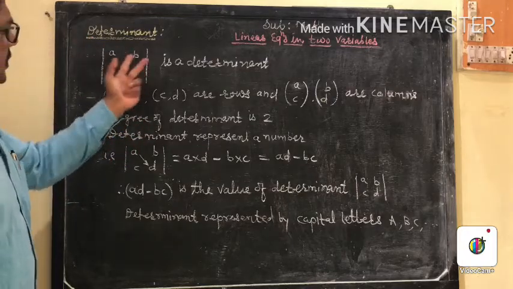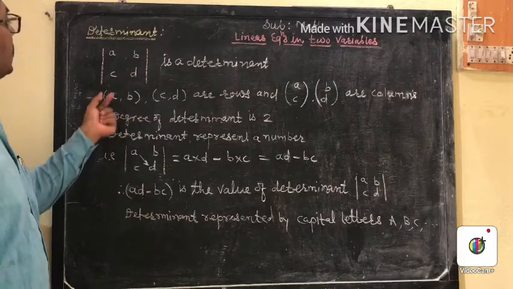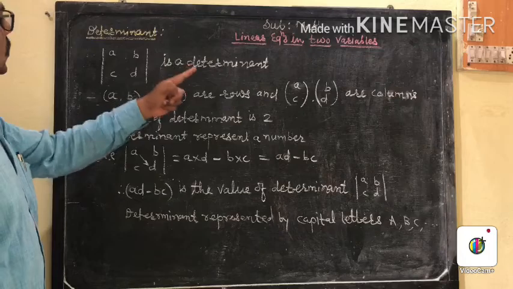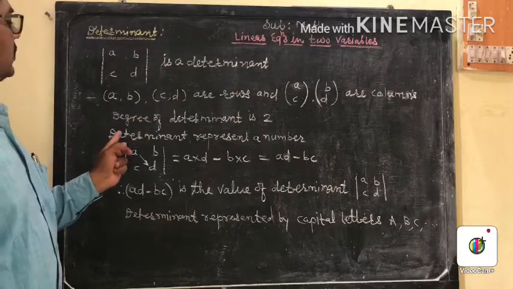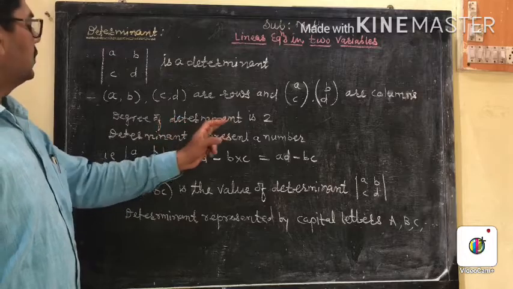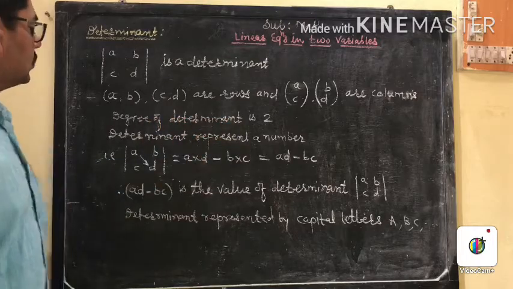The degree of this determinant is 2 by 2, meaning 2 rows and 2 columns, so the degree of the determinant is 2.